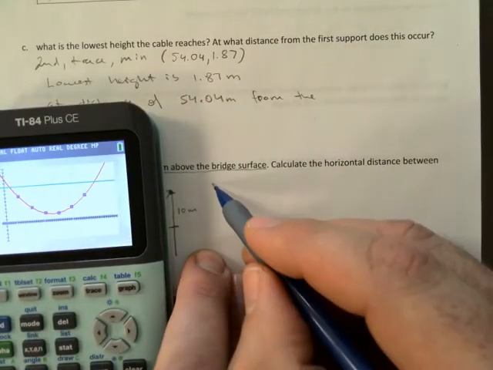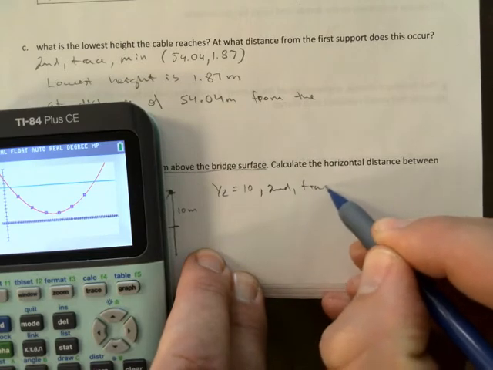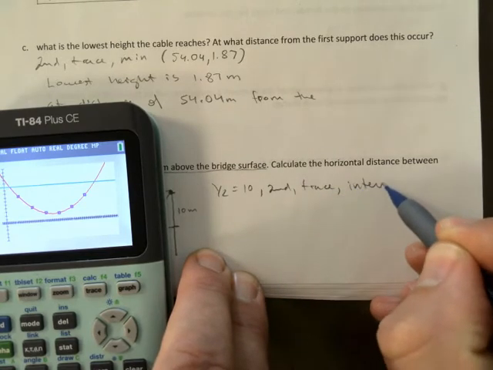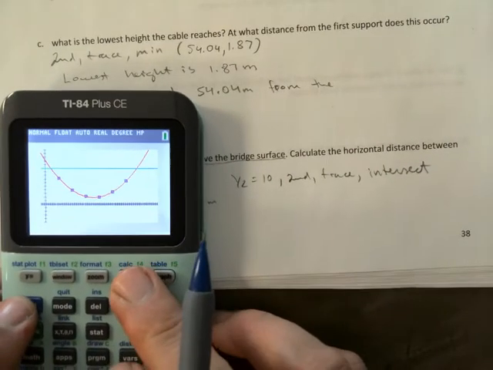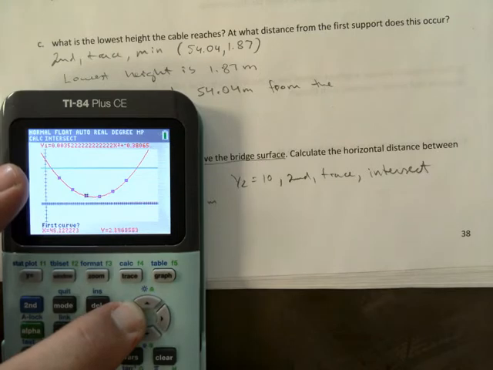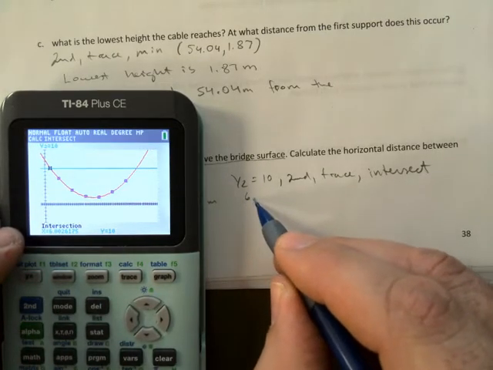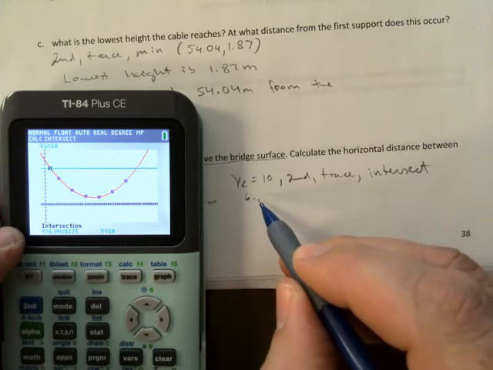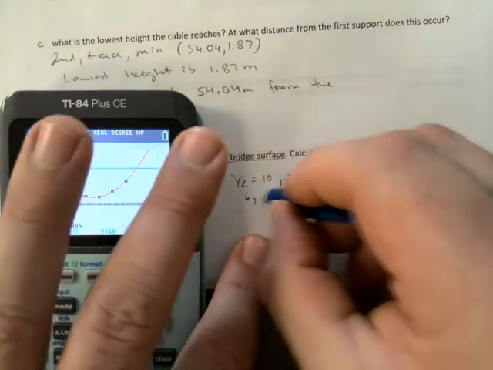So let's go ahead and find that. I'm going to say y2 is equal to 10. Second, trace, intersect. Second trace 5. Enter, enter, enter. You've got 6 point, that's basically 0, 0, so 6.0026. Oh, I told you 4 decimals, right?